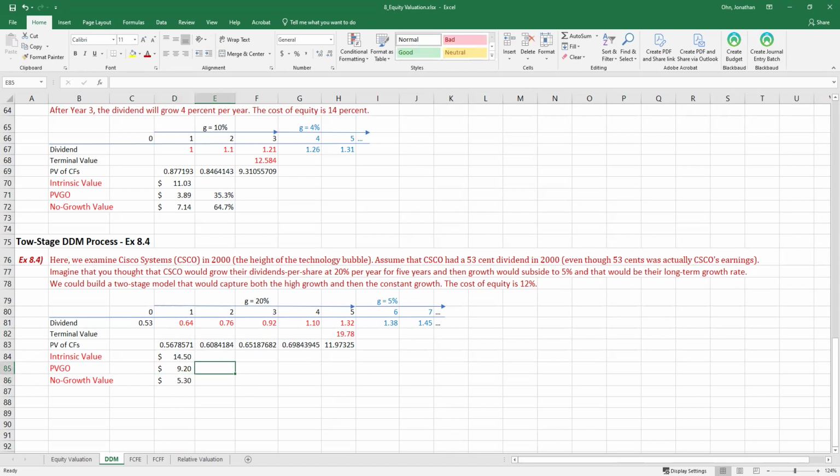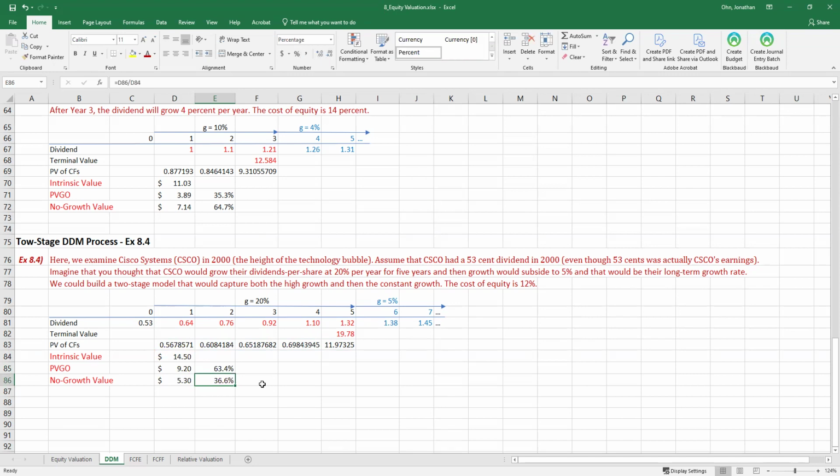So change that one to a percentage. This one divided by this one here is 63%. Let me change that to a percentage. And then this one is now this one divided by this one here, changed to a percentage.